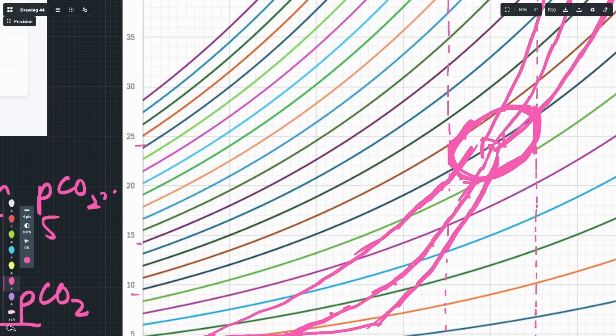Okay, so we are talking about respiratory acidosis, so it means the HCO3 level is rising. So if there was no compensation, this would be like a straight line like this.